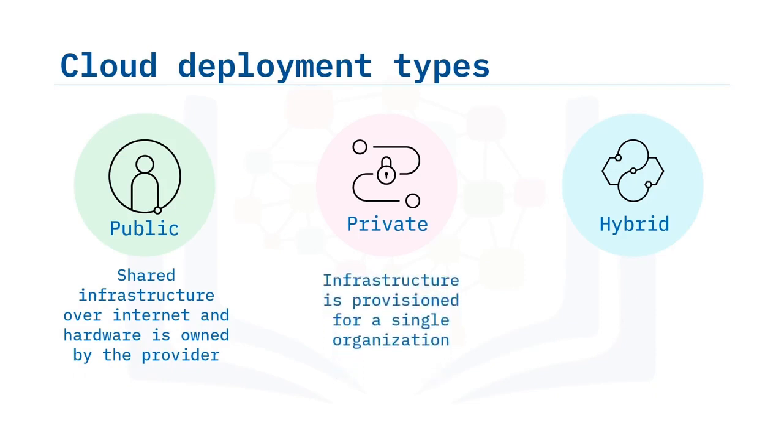With a private cloud, the cloud infrastructure is provisioned for exclusive use by a single organization. The software system can be run on-premises, or the infrastructure could be owned, managed, and operated by a service provider. For example, AWS is also a private cloud service provider.